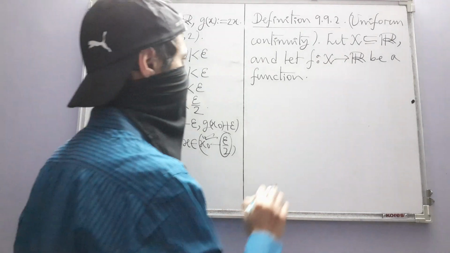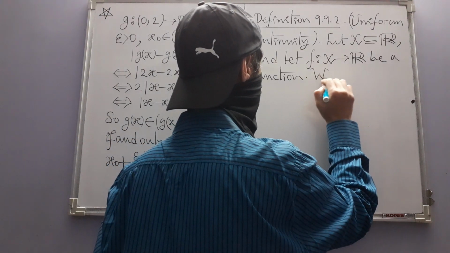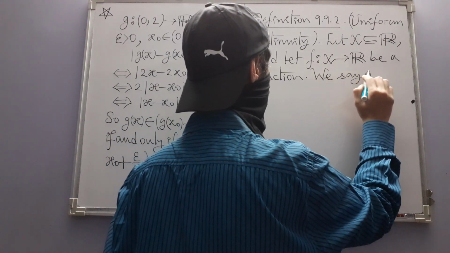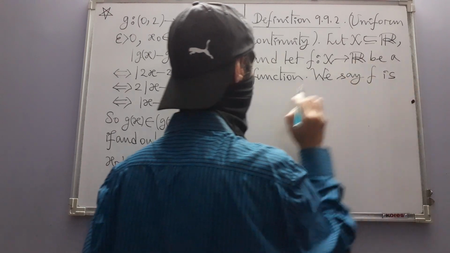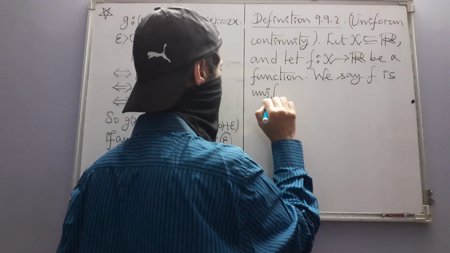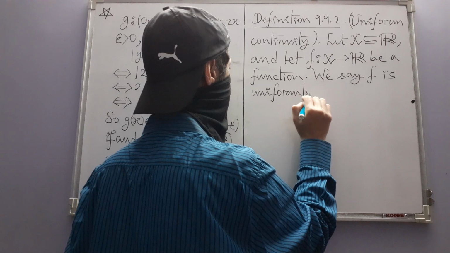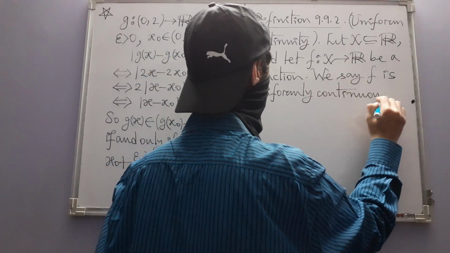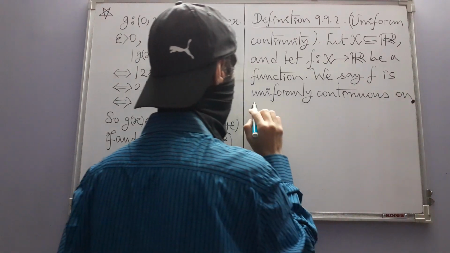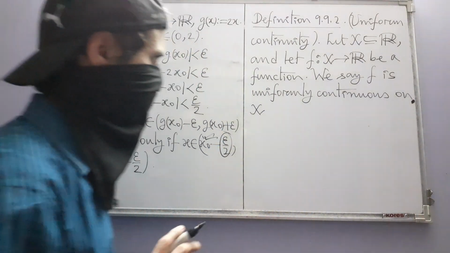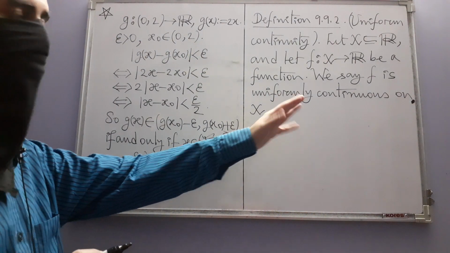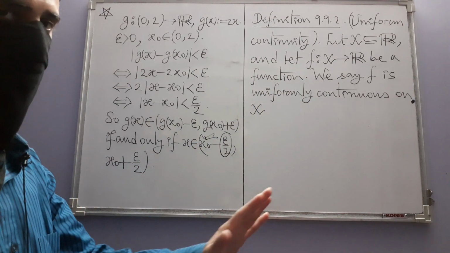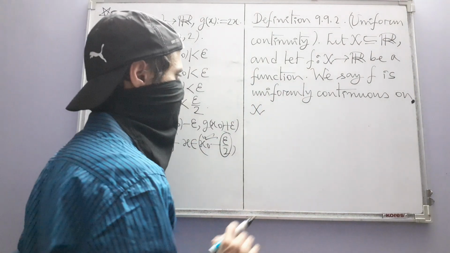We say f is uniformly continuous. Sometimes we use this on X, sometimes we don't write on X when it's understood what X is.